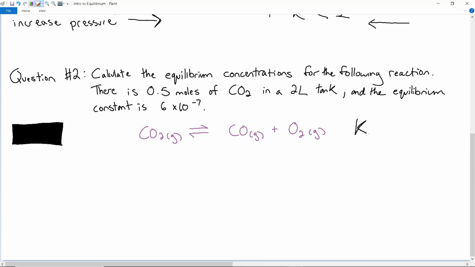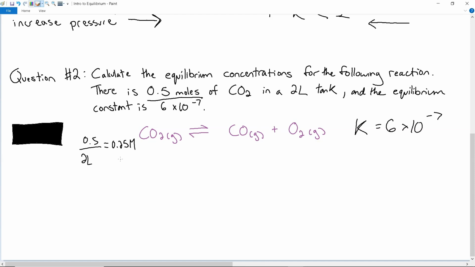So right off the bat, we've been given a K value, and we've also been given the number of moles of our reactant. But we want to work in concentration, so we have 0.5 moles in a 2-liter tank. So to find our concentration, we need to divide moles by our liters, and that is going to be 0.25 molar.